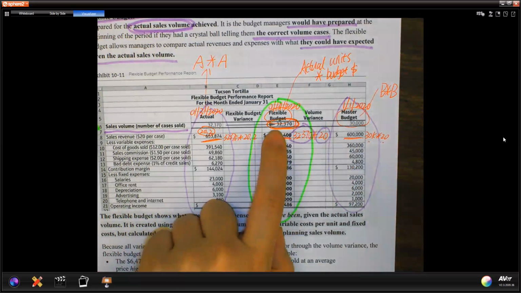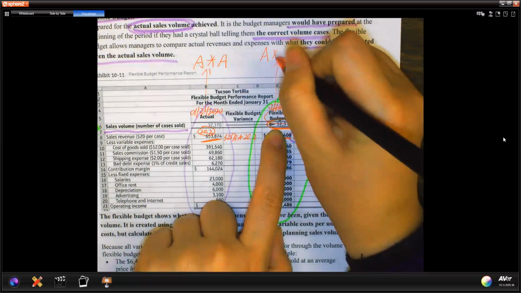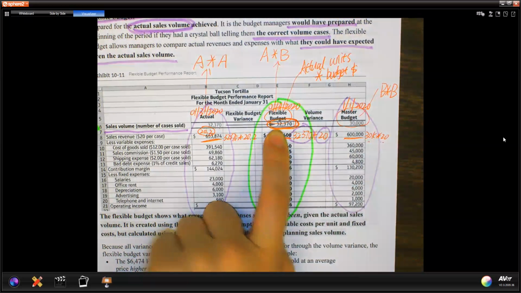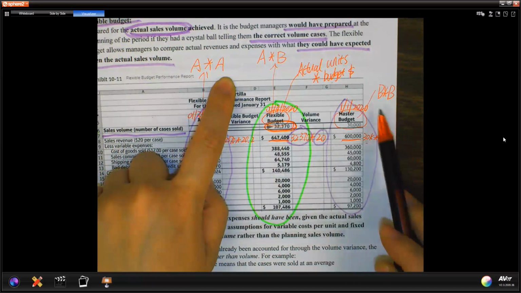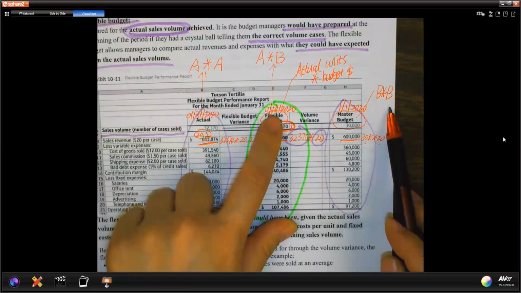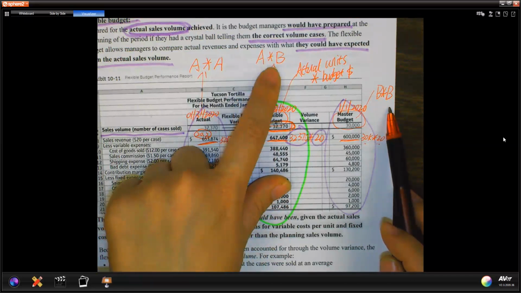And your flexible budget is actual units but times your budgeted price. So it's actual times actual, budget times budget, but flexible budget is hybrid. It's half actual and half budget.